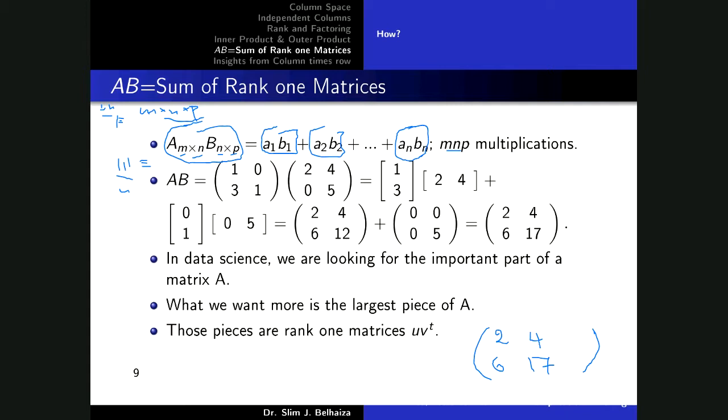So I'm doing each element by itself. We have here a 2 by 1 multiplied by 1 by 2, which gives me 2, 4, 6, 12. Am I right? Yeah. And (0, 1) times (0, 5) gives me 0, 0, 0, 5. Now, if I sum it up, I get the same answer I had before, as I was expecting.